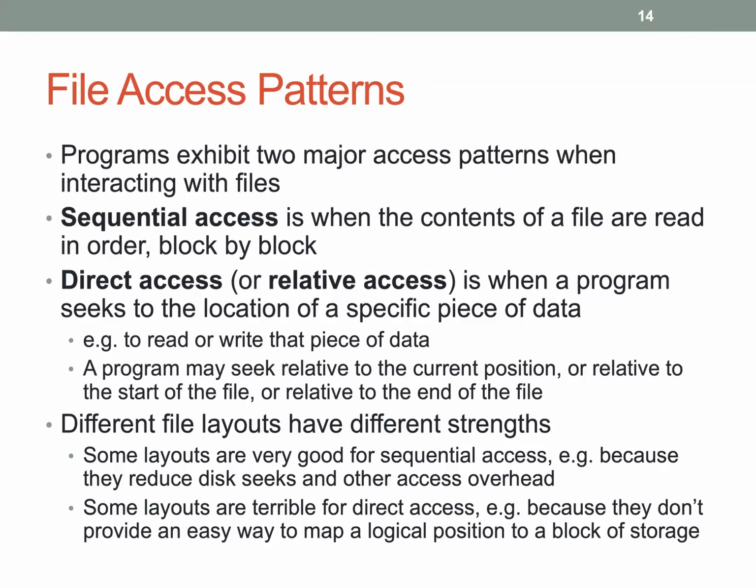And so solid state drives can do either sequential access or direct access really efficiently. So hopefully you're starting to get a sense of the challenges of implementing a file system. You've got to take the storage device characteristics and the usage patterns into account to try to design a file system that can support programs effectively.